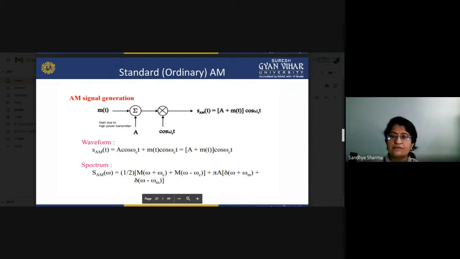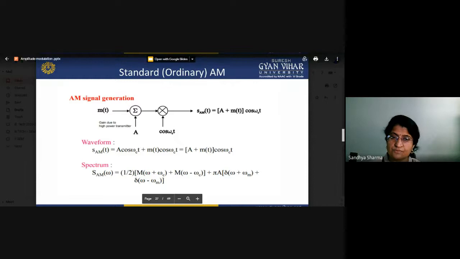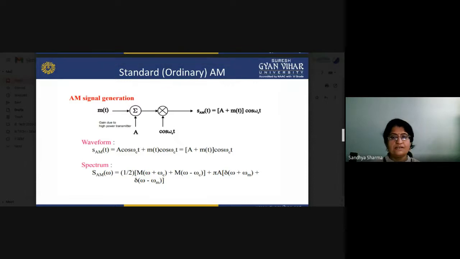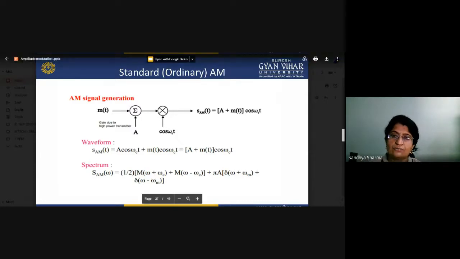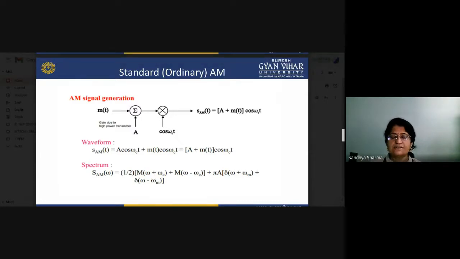So you will add A cos omega ct plus the product of m(t) cos omega ct, and after that we will see there is A cos omega ct plus m(t) cos omega ct. So this is the modulating signal, and this high power carrier signal will be transmitted simultaneously with the modulating signal in the amplitude modulation system.